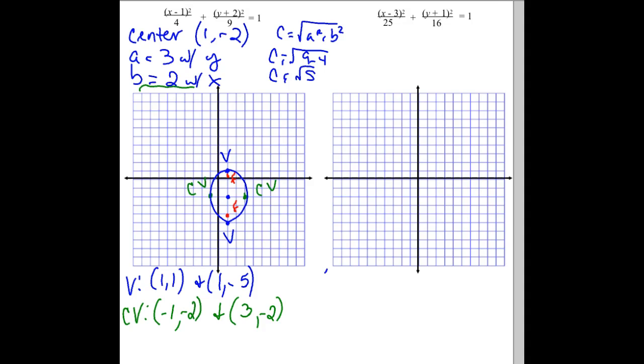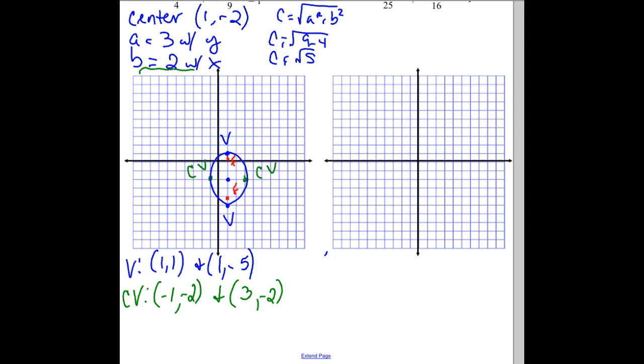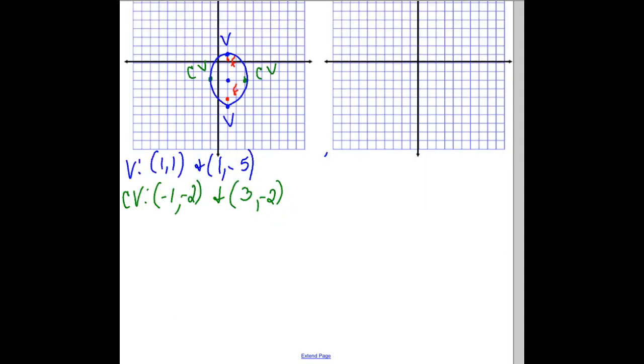Okay. Now, how I'm going to label that for my ordered pairs, I want to go back to having the square root of 5 in there. I don't want the rounded decimal. So, looking at the two foci, they have an x coordinate of 1. Yes? It's the y coordinate that changes. So my x coordinate would be 1. My y coordinate is going to be from my center point, which has a y coordinate of negative 2.